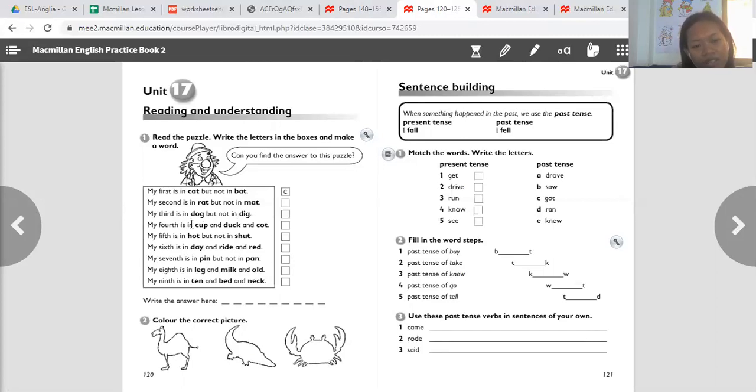My fourth is in cup, but not in duck. In cup and duck, but not in cut. What's the fourth alphabet in duck, in cup, in duck? My fifth is in hot, but not in shut.